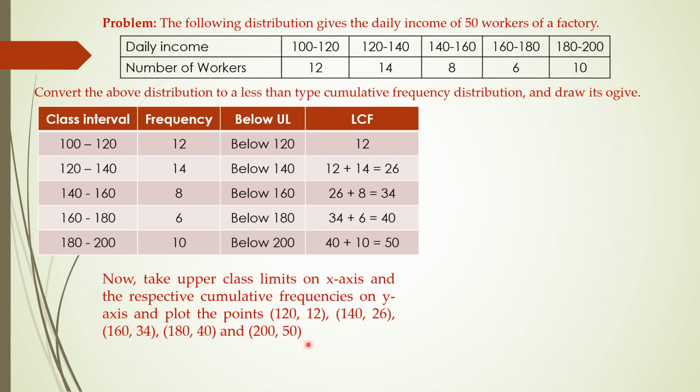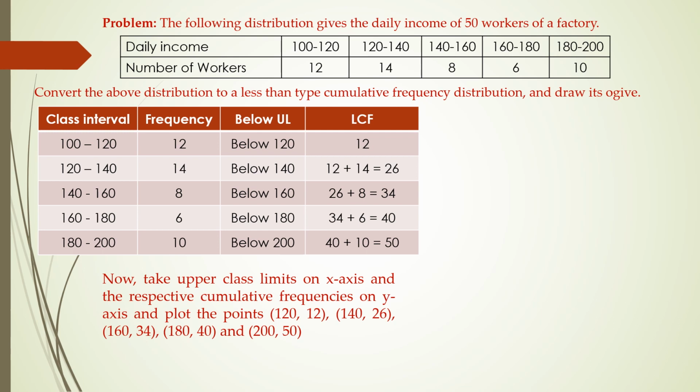Let me explain how we got these points first. Just observe the x coordinates of points 120, 140, 160, 180 and 200. These are nothing but the upper limits which we have taken in the third column.